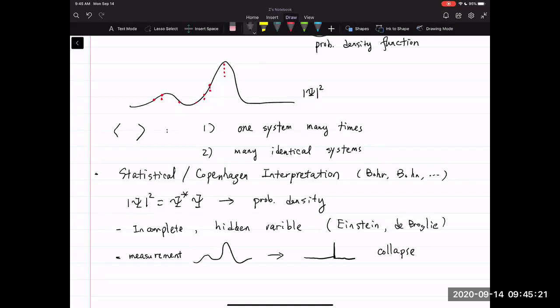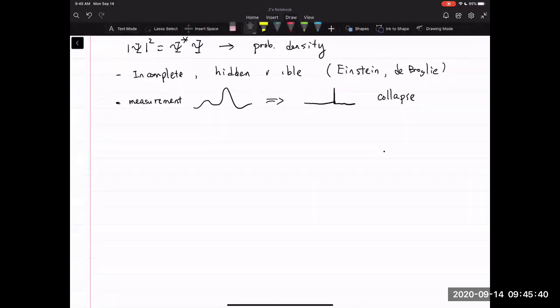So that's the interpretation. Now that psi squared is the probability, this wave function squared must satisfy normalization. Meaning, in one dimension, the integral of the wave function squared dx equals 1. Because psi squared tells us the probability, and if you look everywhere, you will always be able to find the particle.